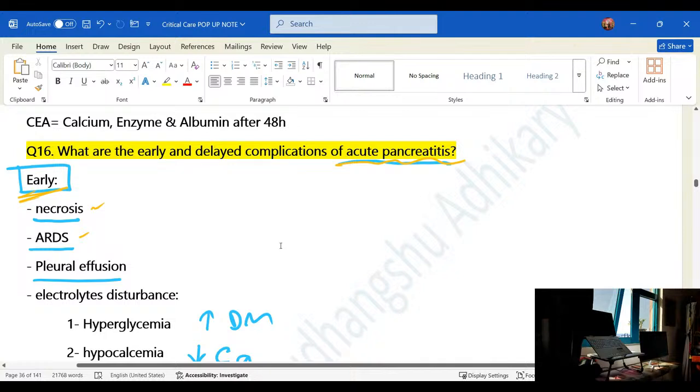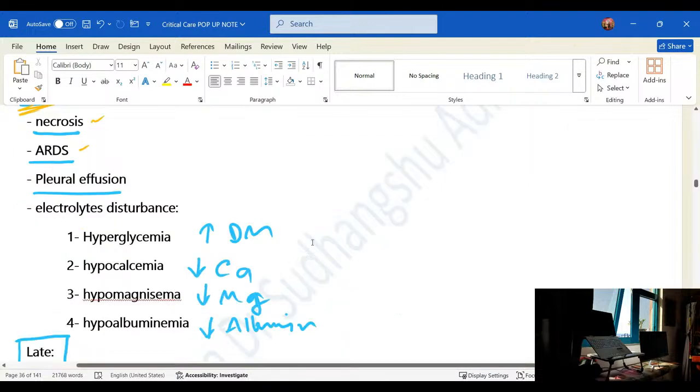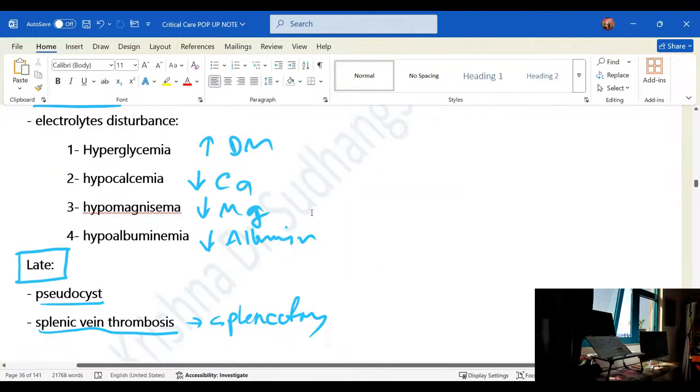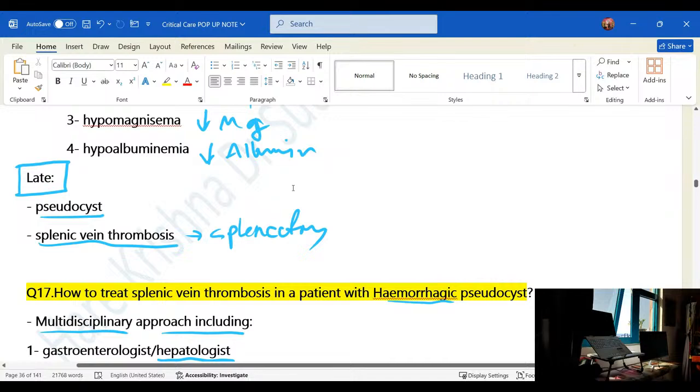Early complications: pancreatic necrosis, acute respiratory distress syndrome, pleural effusion, and electrolyte disturbances, that is hyperglycemia, hypocalcemia, hypomagnesemia, hypoalbuminemia. Late complications: pancreatic pseudocyst and splenic vein thrombosis.